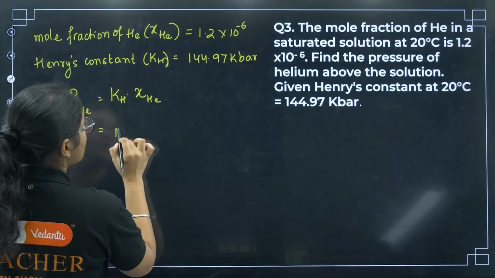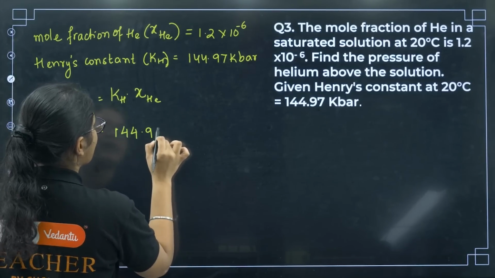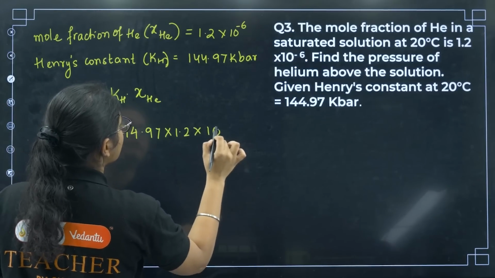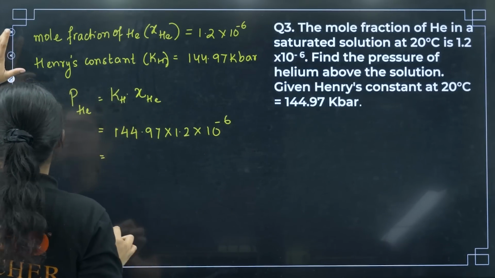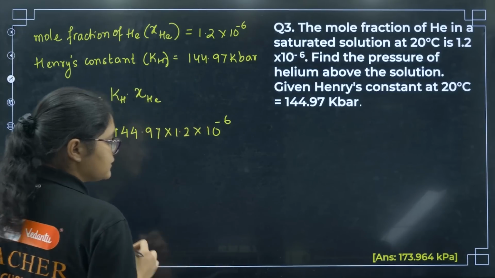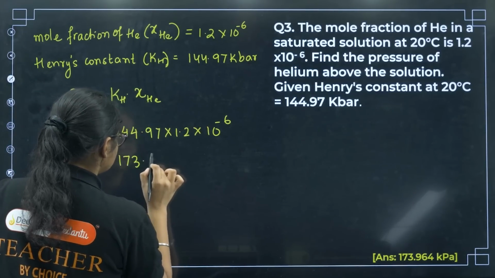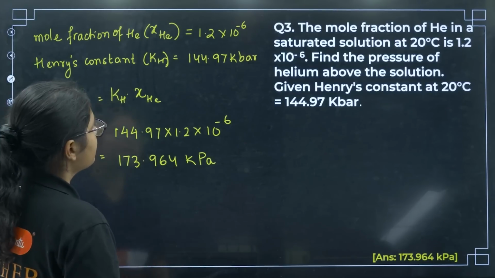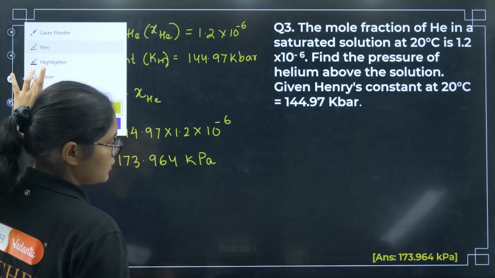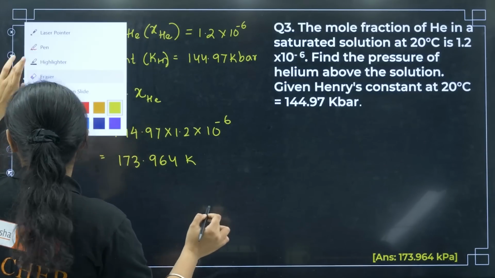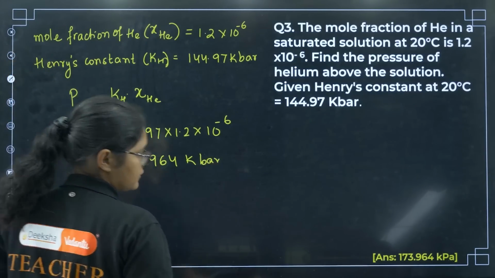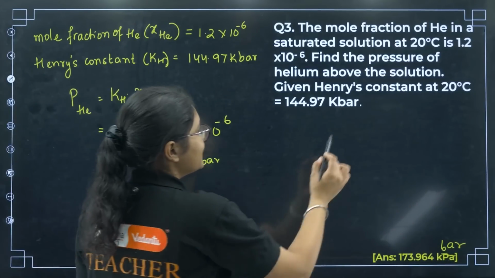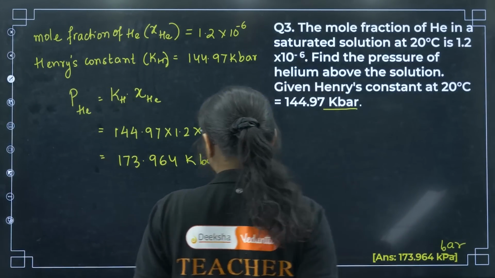The Kh value is 144.97, into X, which is 1.2 into 10 to the power of minus 6. So if I solve this, I will get 173.964 kilobar. Sorry, I first said kilopascal, but this is wrong, it is kilobar, because this unit is in kilobar and we haven't done any conversions here.